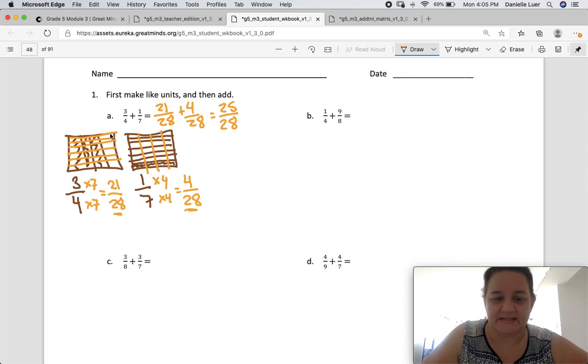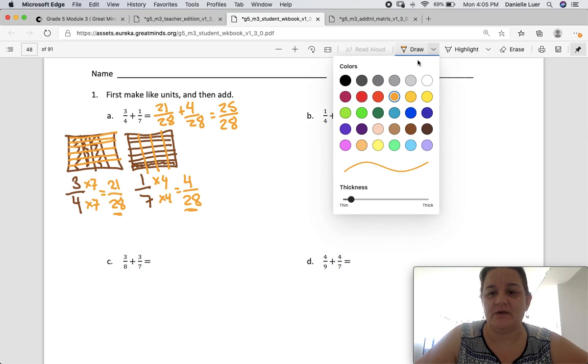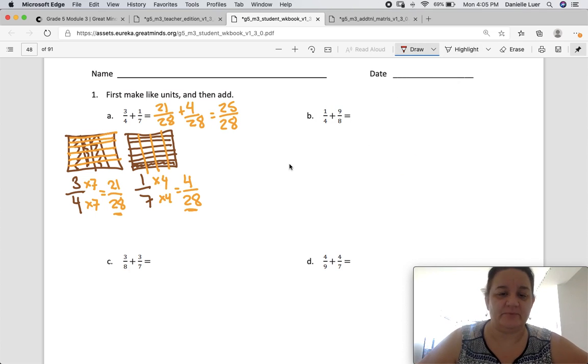Great, perfect. Now we are going to skip the model this time, and just do it with numbers. We like the area model, we know how it works, it helps us visualize it, but now we're going to move on.